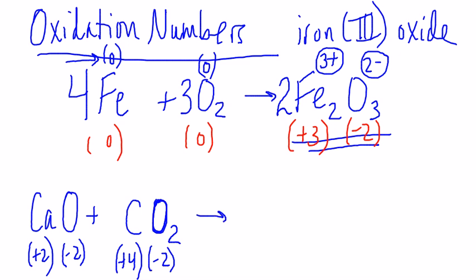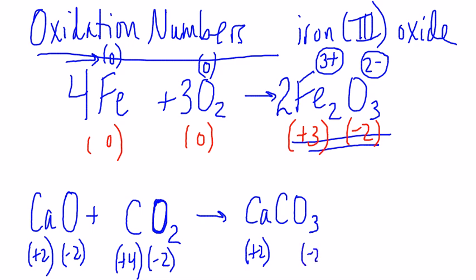When calcium oxide and carbon dioxide undergo a reaction, they make calcium carbonate, also known as chalk. It's a synthesis reaction in which they combine. If I look at what the atoms are doing in this compound, I'm going to assign them based on their charge again. Calcium, again, is +2.